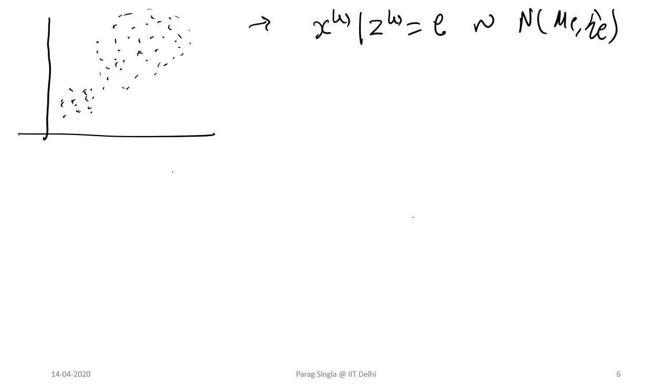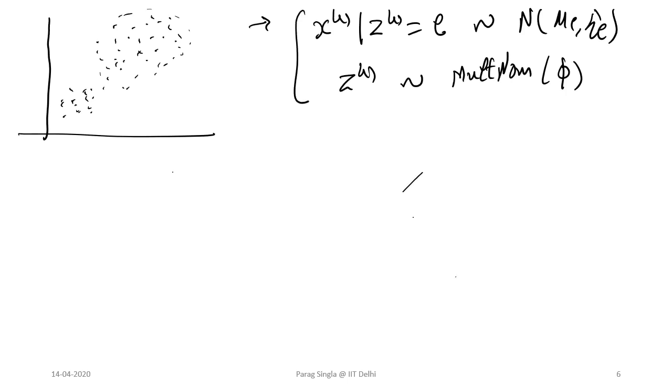In addition, we have these prior probabilities, which is zi, which comes from this multinomial distribution, which is essentially representing the prior probability of each of the points belonging to a certain cluster.